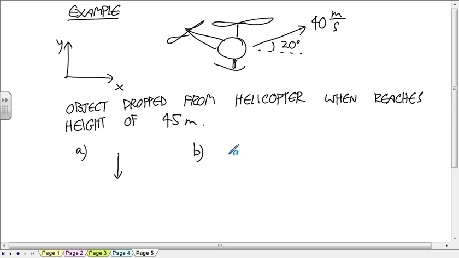Is it going to fall out and down? Or is it going to go up and then start to fall down? Which of those three do you think is going to happen here?